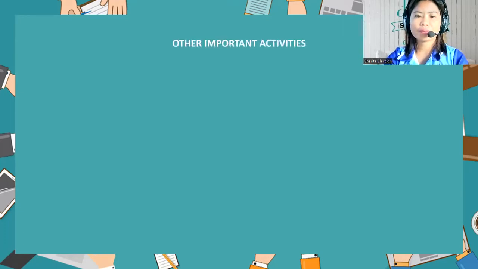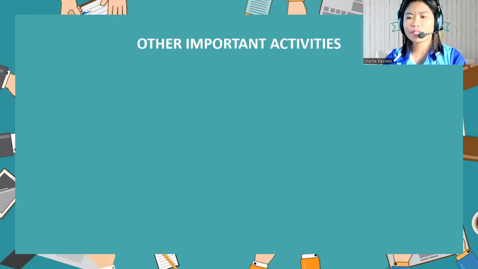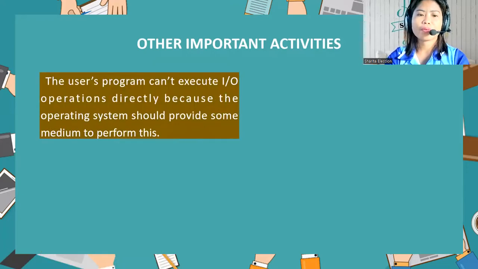Okay, so let's proceed with other important activities of the operating system. A user's program cannot execute input-output operations directly, because the operating system should provide some medium to perform this.